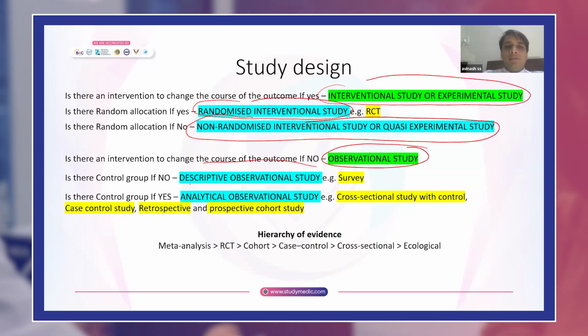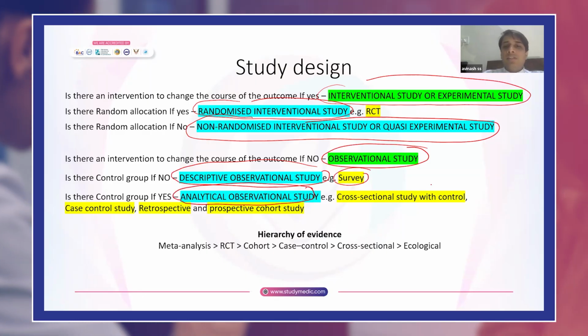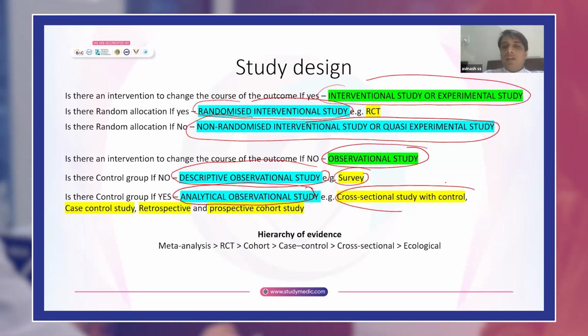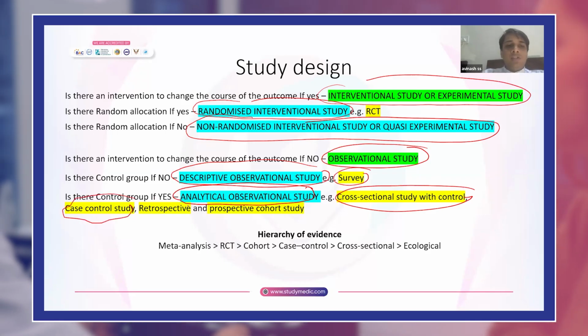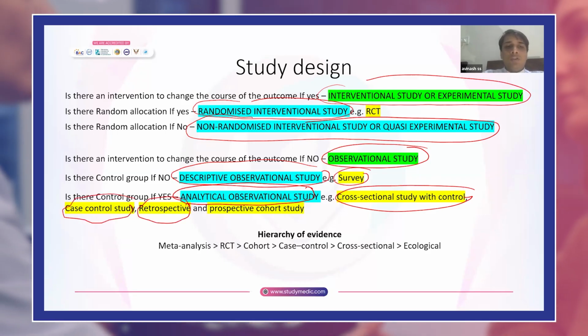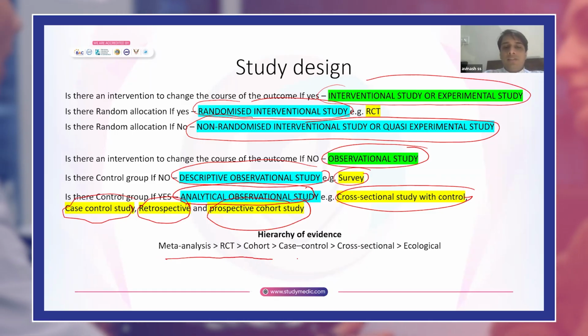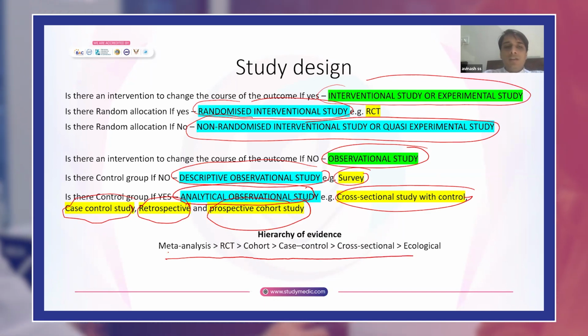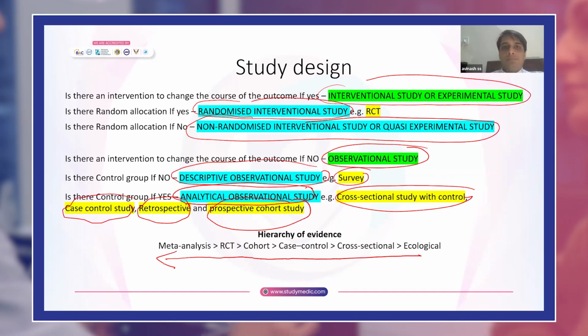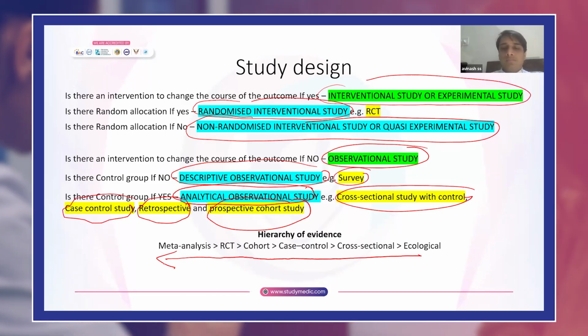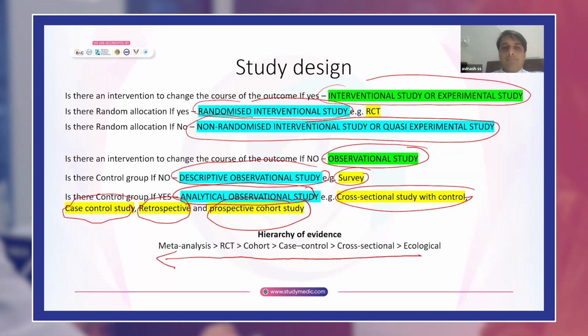It is classified into descriptive observational study design, that is a survey, and analytical observational study design, whose examples are cross-sectional study, case control study, retrospective study, and prospective cohort study designs. So this is the hierarchy of the evidence: meta-analysis followed by RCT followed by cohort, case control, cross-sectional. The highest in the hierarchy of evidence is meta-analysis. So this is about the study design.